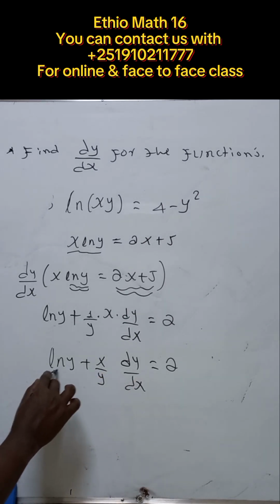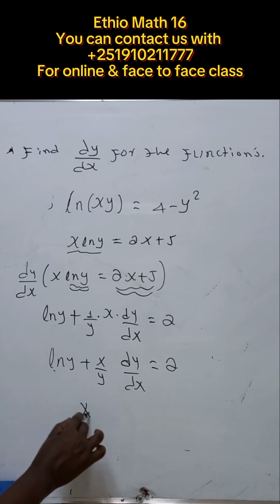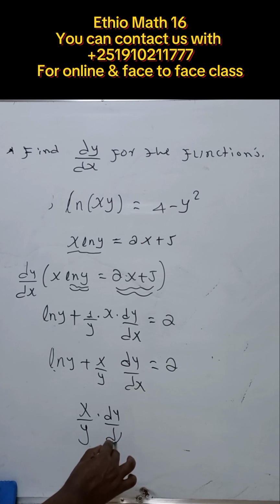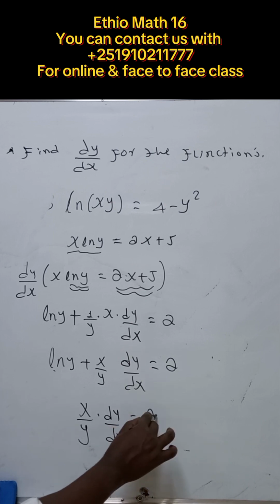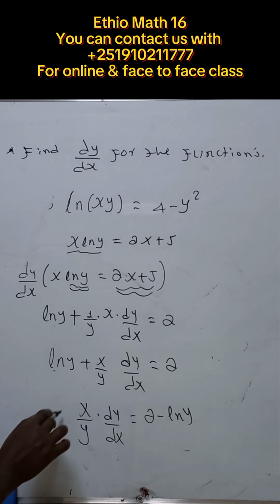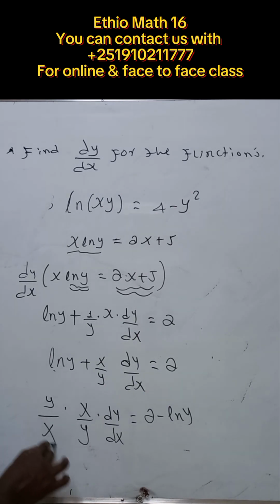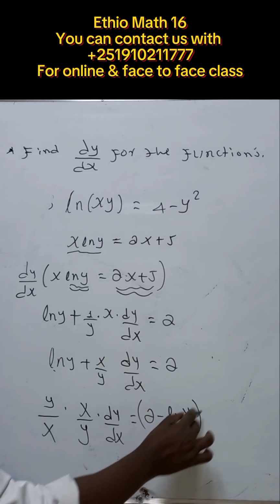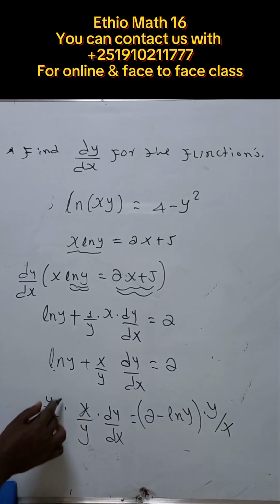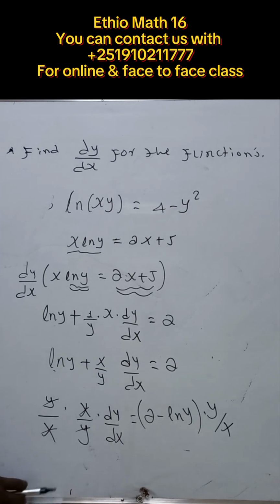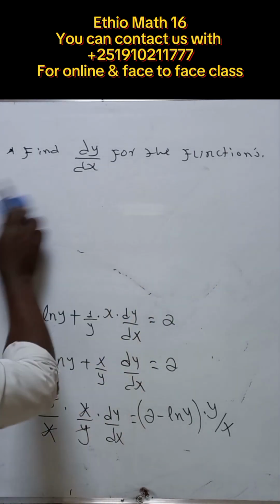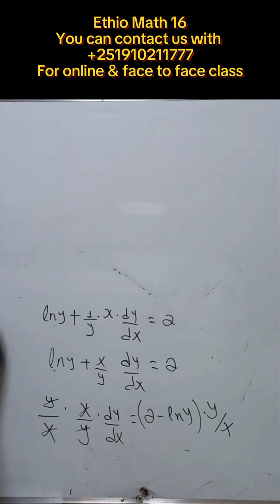Let's move this on the right, and x over y times dy by dx is immediately given by 2 minus ln of y. And again let's multiply both sides by y over x. Now this is cancelled by this one, and this is eliminated by this one, and we have this solution. So the solution for this problem will be this one.